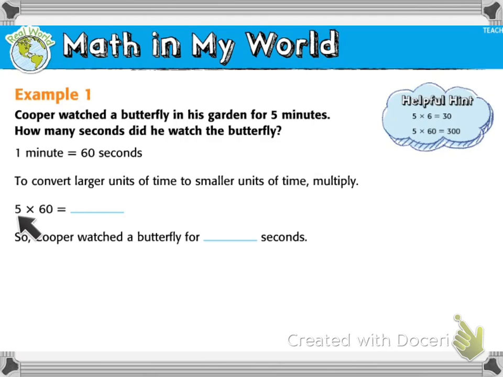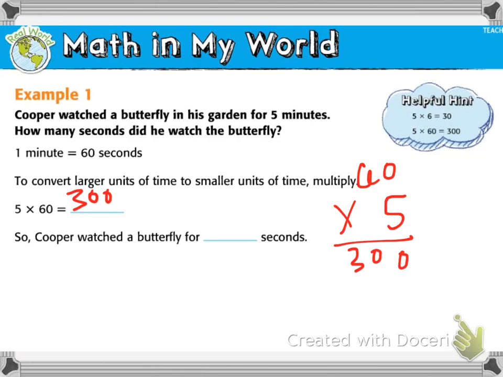So we multiply 5 times 60. 5 times 0 is 0. 5 times 6 is 30. So 5 times 60 is 300. So Cooper watched a butterfly for 300 seconds.